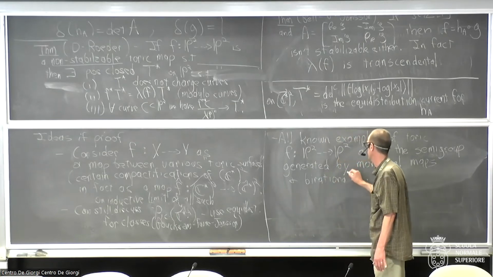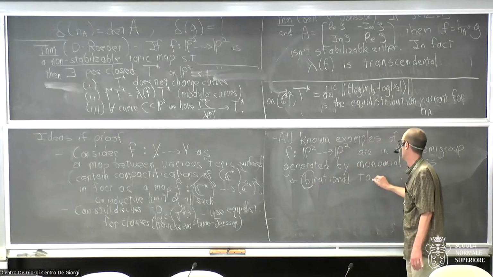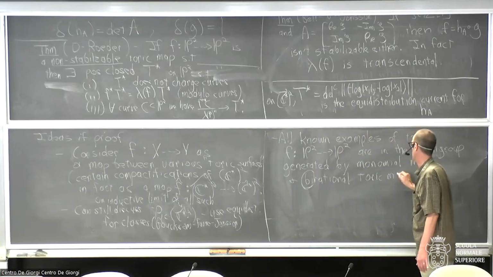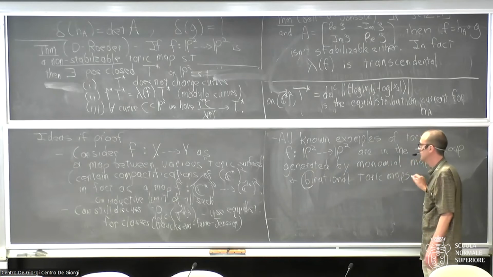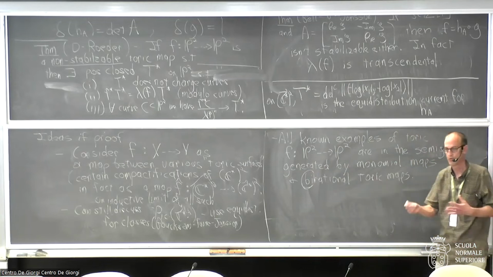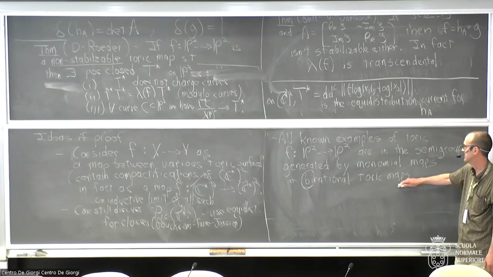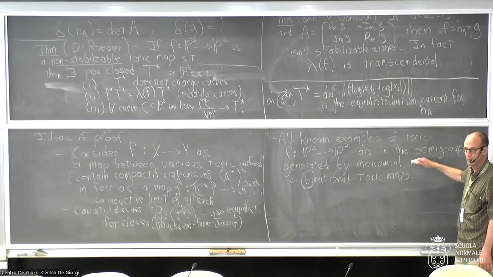Maybe not involutions, but okay. What makes the semigroup interesting is that there are so many birational ones. They've been sort of understood. The whole structure of the group of birational ones, Jérémy Blanc has a nice paper about this. But all the known examples are in the semigroup generated by these two things.